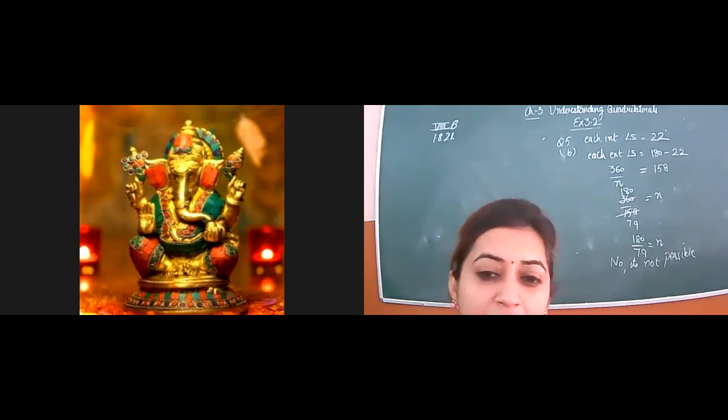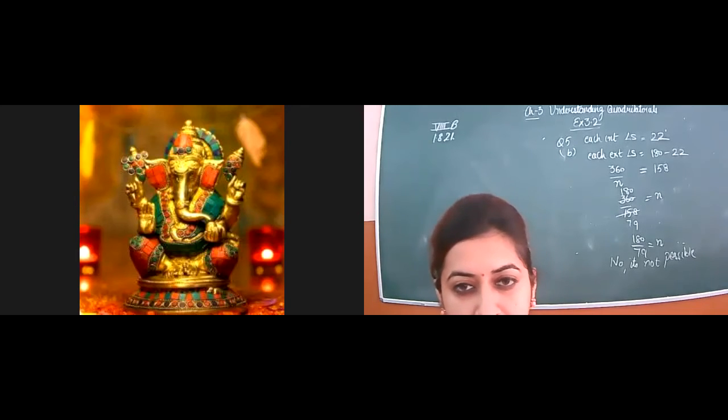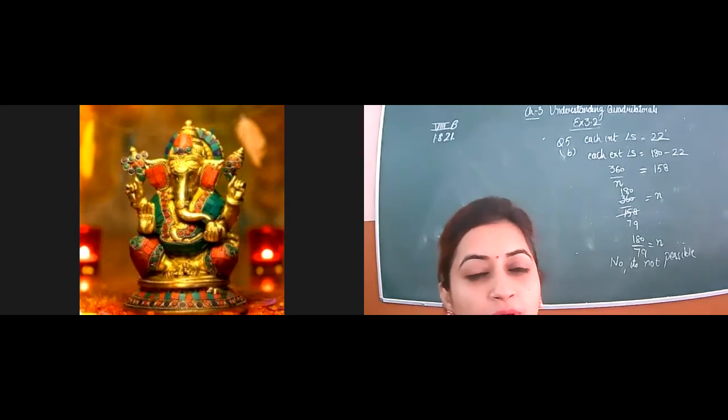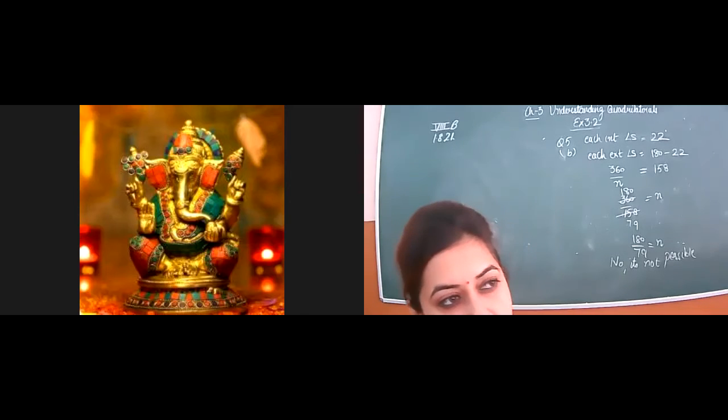Ananya, any property from your side, beta, related to square? Ma'am, its interior angles are 90 degree. All angles are 90 degrees. What about the sides? The square has 4 vertices and 4 sides.